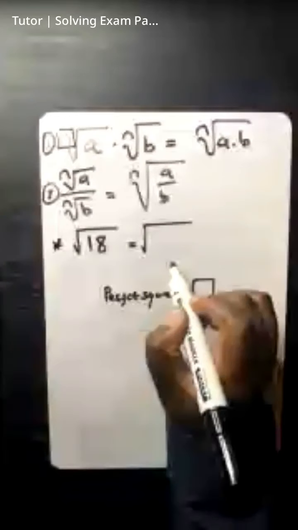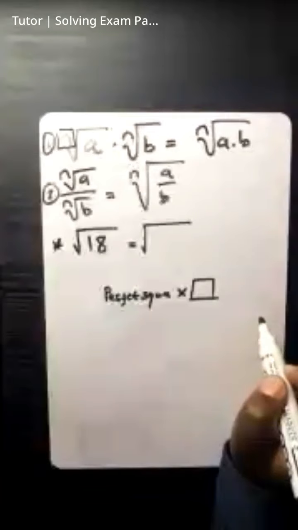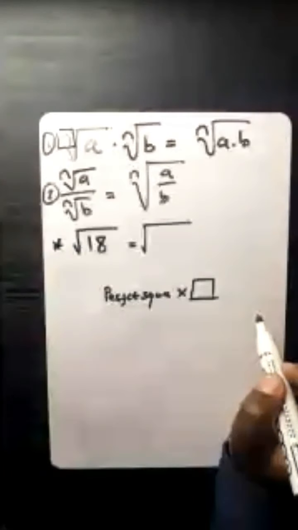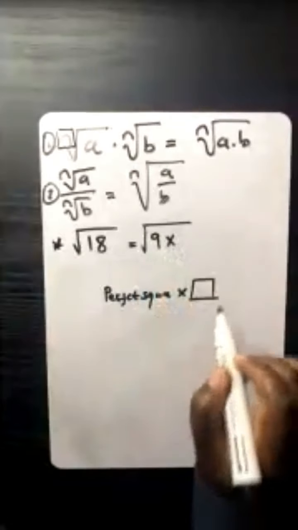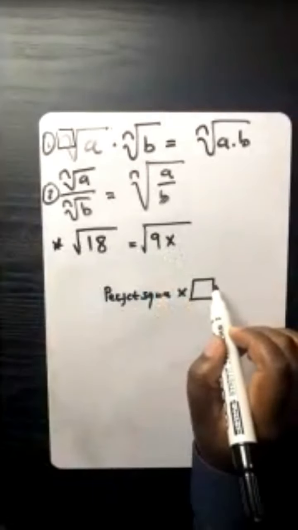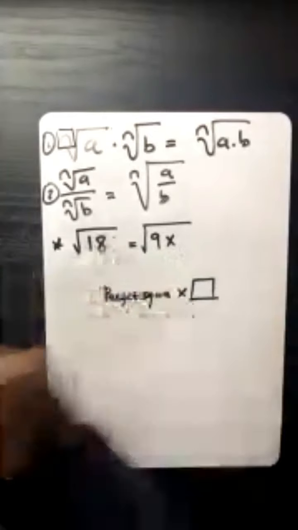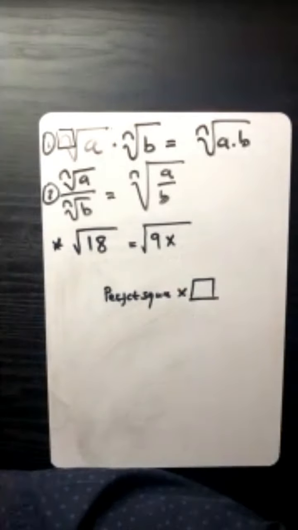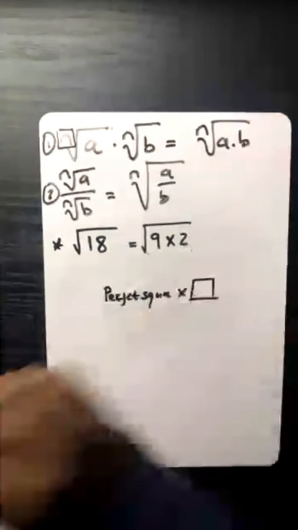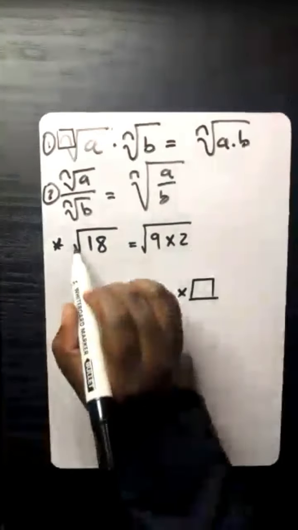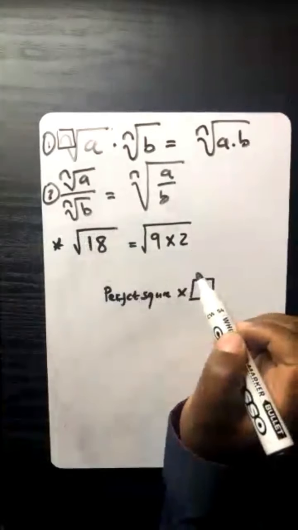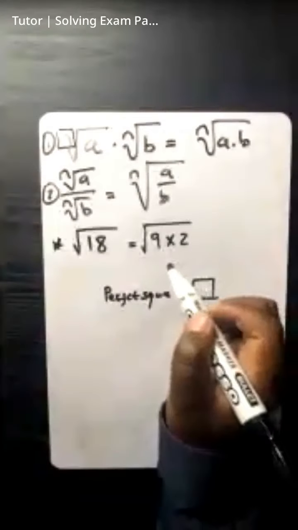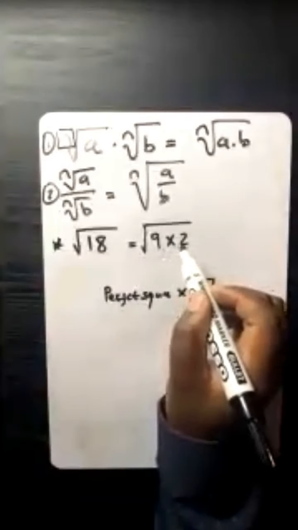According to you, you're saying we can say square root of, what is your perfect square? It's 9. So your perfect square number is 9 multiplied by whatever number that will take you back to 18. It's 2. So ladies and gentlemen, that means if you are given square root of a bigger number, you can make use of that approach where you write it in exponential form.